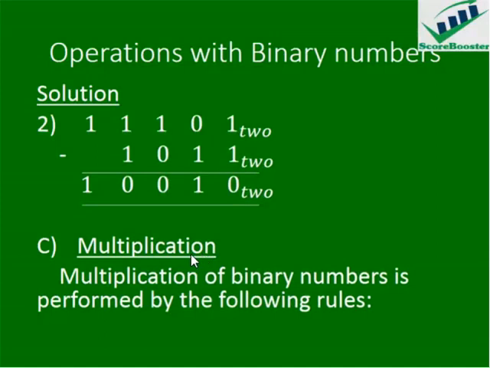So now we move to the third operation, which is multiplication. Multiplication of binary numbers also has rules. So this is also like the normal everyday rule.